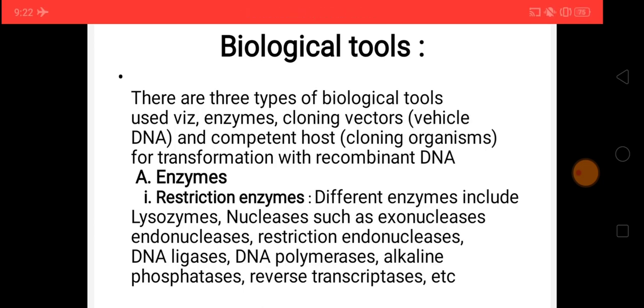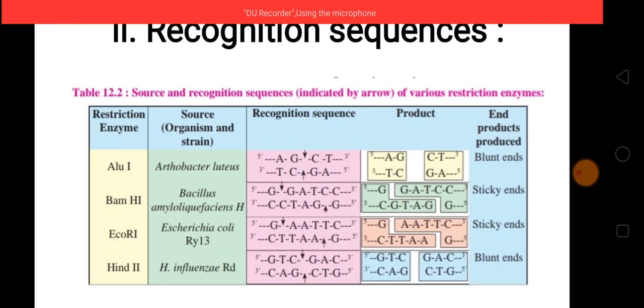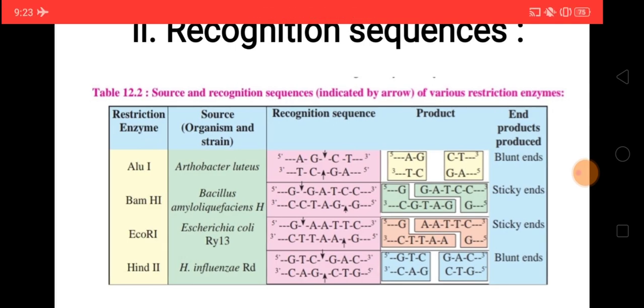The restriction enzymes are also called molecular scissors, used to recognize and cut DNA at specific sequences. So the next point is the recognition sequences.